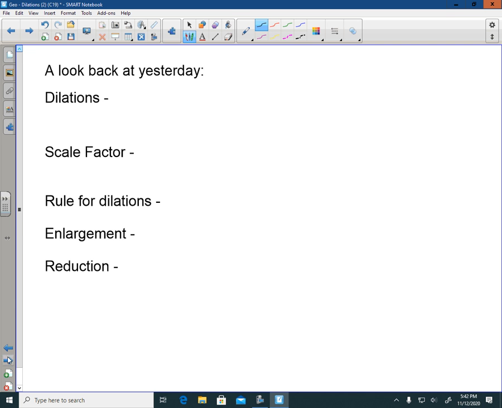All right. So a quick rewind, just so we're all in the same place. Remember what some of these things mean. A dilation is a transformation where objects change size.